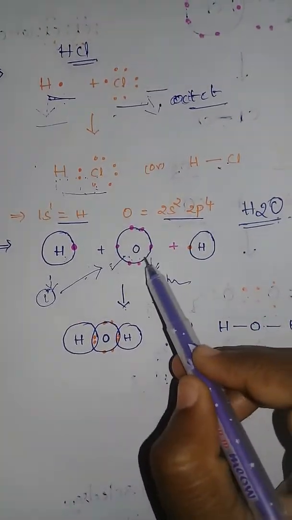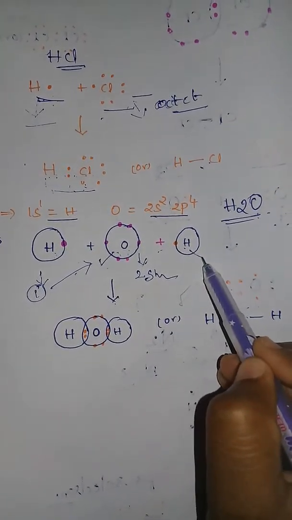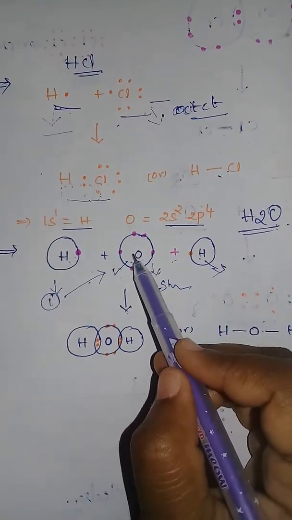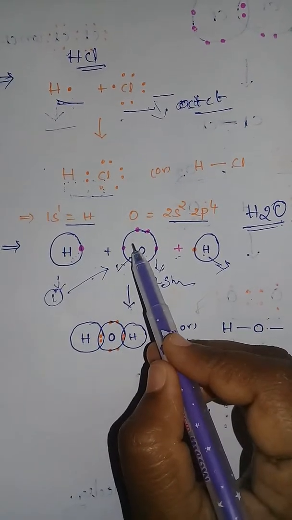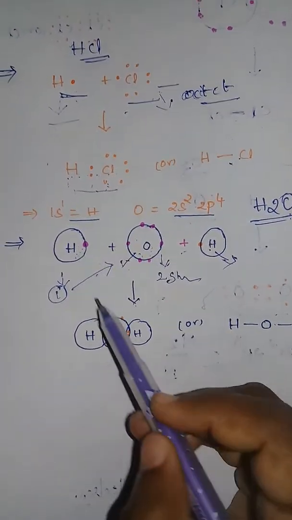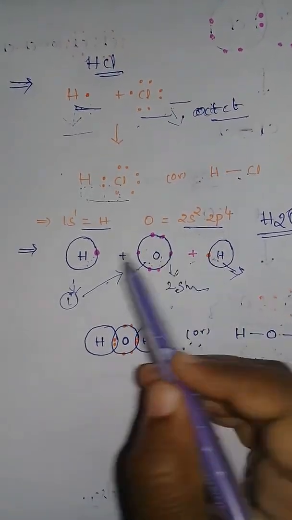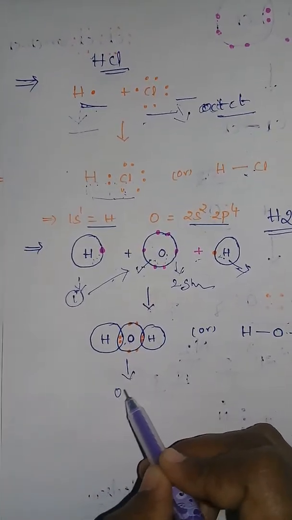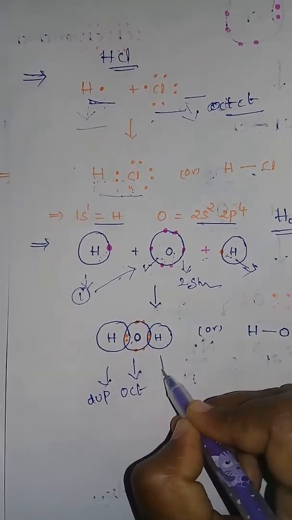So again, oxygen combines with another hydrogen to obtain octet configuration. One hydrogen gives 1 electron to the oxygen and another hydrogen gives 1 electron to the oxygen. By sharing 2 electrons from these 2 hydrogens, oxygen attains octet structure and hydrogen attains duplet structure.